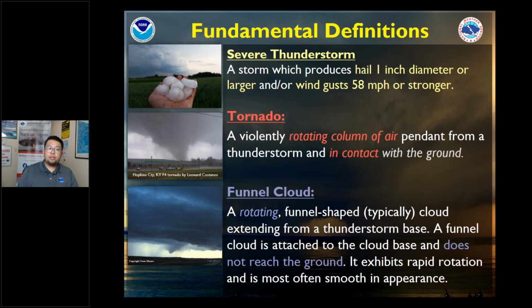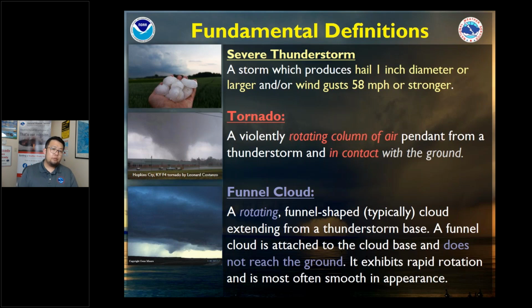Some fundamental definitions. I'm throwing all these things at you, but just hang in there. You're not expected to remember every single fact and factoid of these things, but I'm just going to help provide some insight to these things. First and foremost, a severe thunderstorm is a thunderstorm which produces hail at 1 inch diameter or larger, or wind gusts 58 miles an hour or stronger.